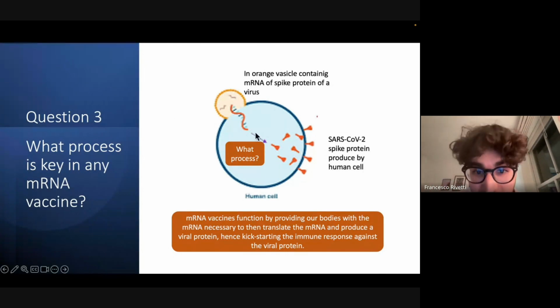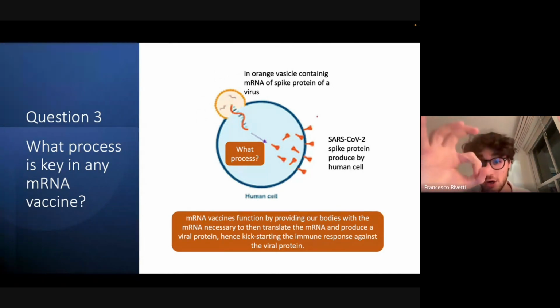The mRNA vaccines are this orange thing that you see here. You have these containers of mRNA, and the mRNA of the vaccines codes for the viral proteins that we want to respond to. In a normal vaccine, you just inject the proteins, and then your body learns this protein is bad. I want to kill this protein, and the virus and the organism that is surrounding it.